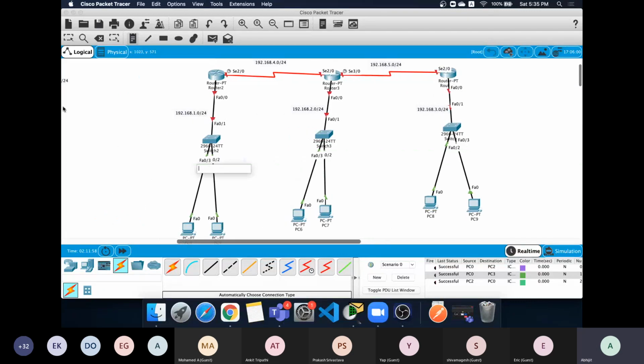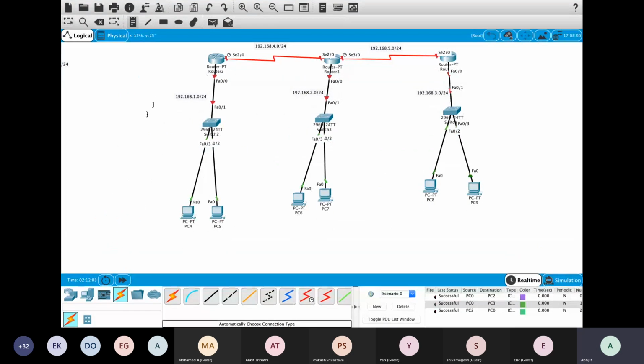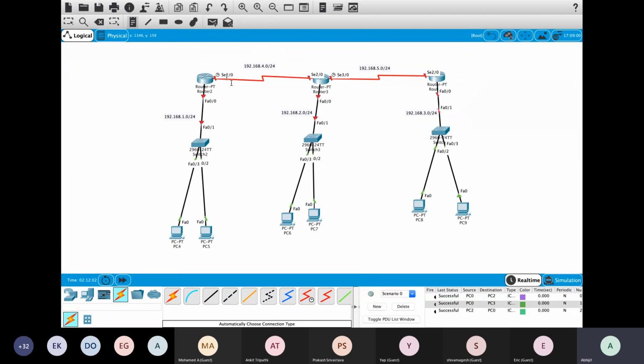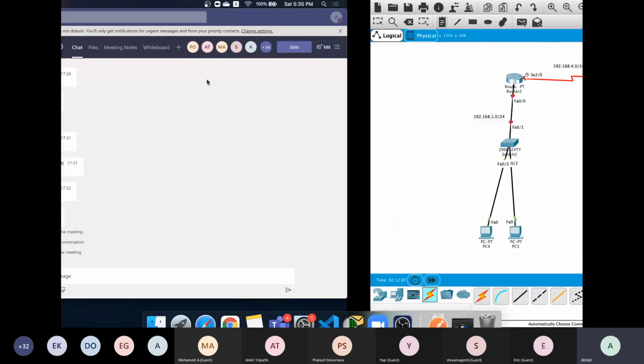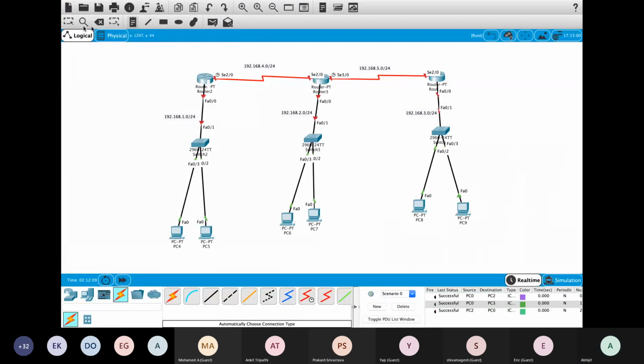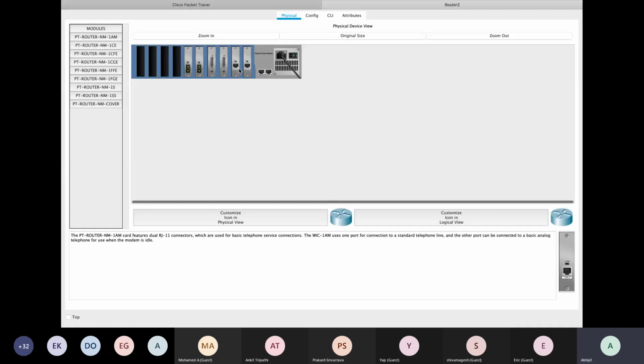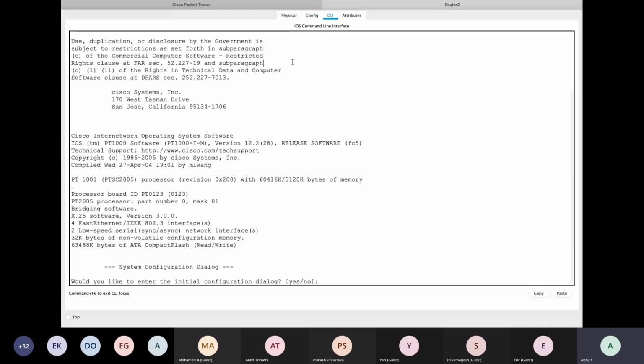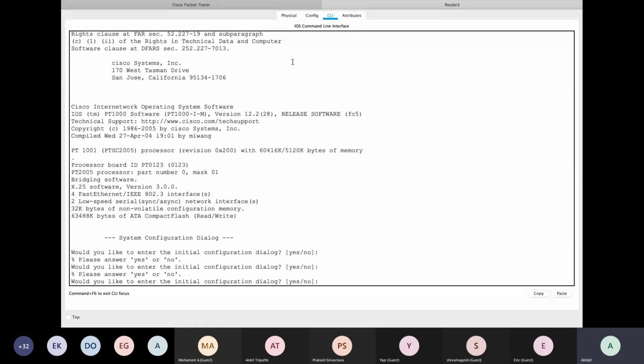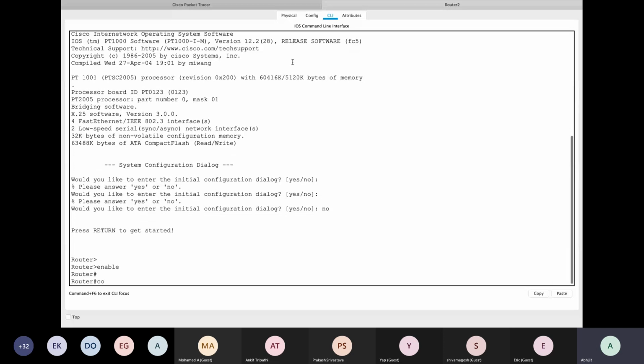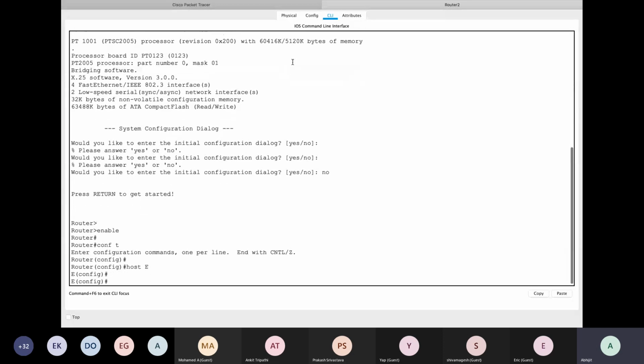So what we are going to do now is configure this entire network by configuring the IP parameters first and then configuring EIGRP. I'm just going to go on each and every router and configure it. I'm going to go on to the first router. I'm going to say enable, conf t, hostname R1.